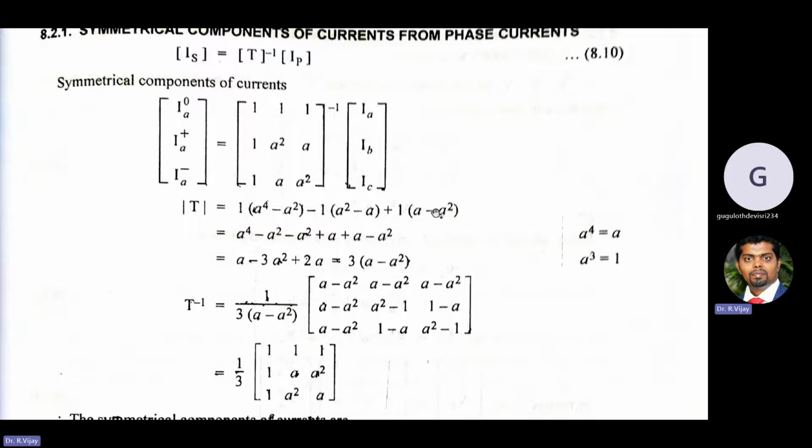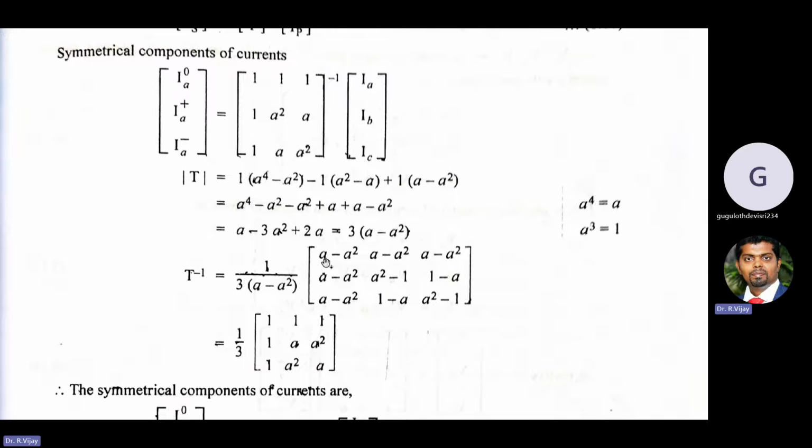Similarly for all the adjoint terms, you know how to calculate. Simplifying this, A minus A squared is common, and in the division also A minus A squared is there.